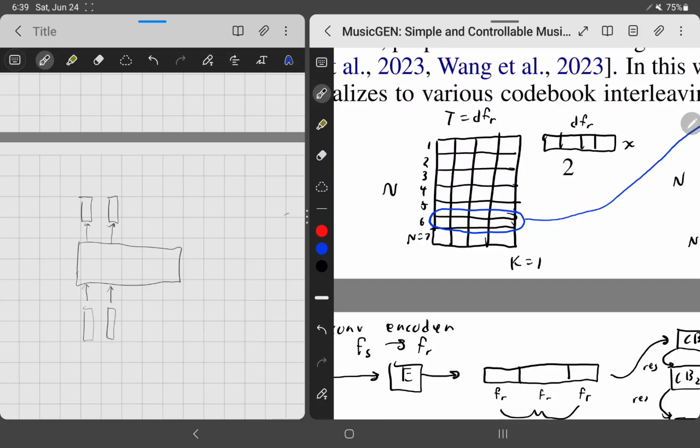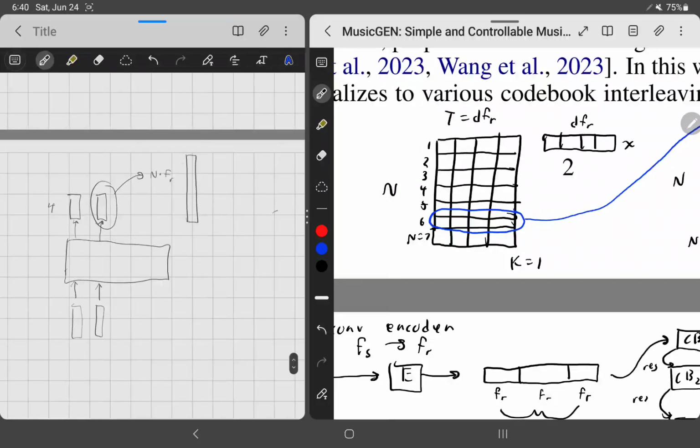Remember, these tokens are in some latent space, and then you get out size 4, because there are 4 codebooks. You take the last token and project it into n times f sub r.